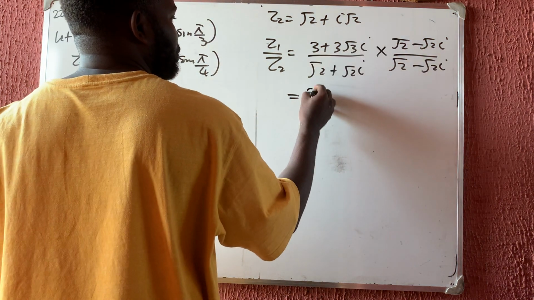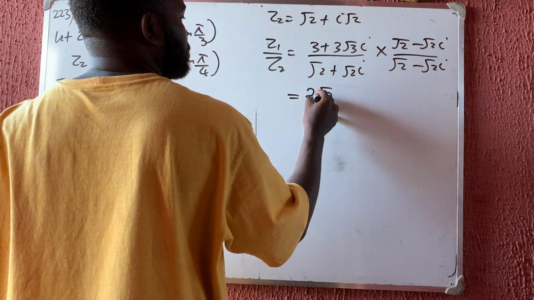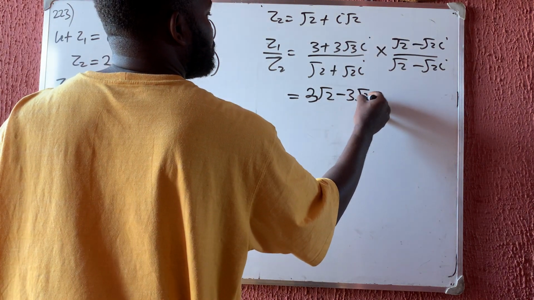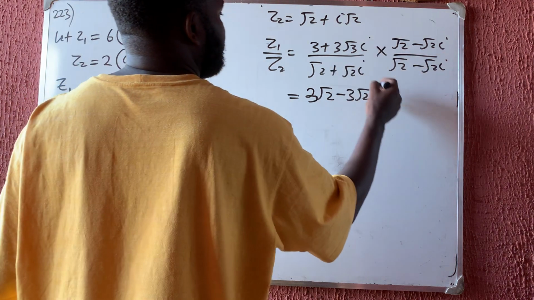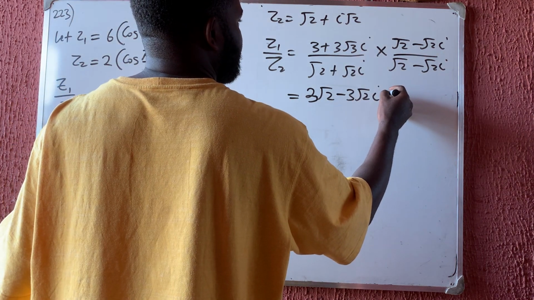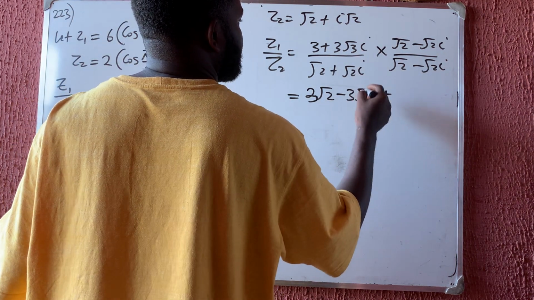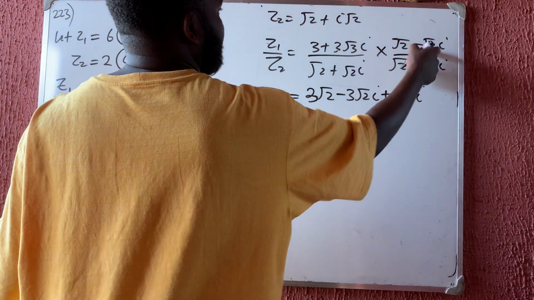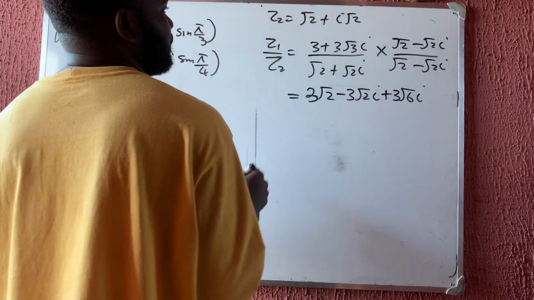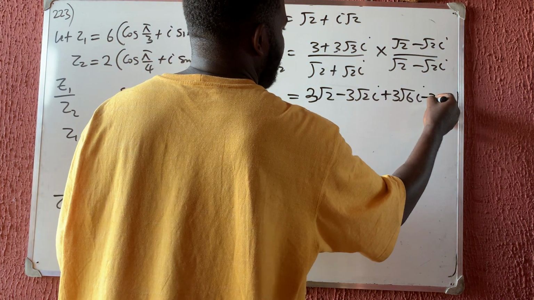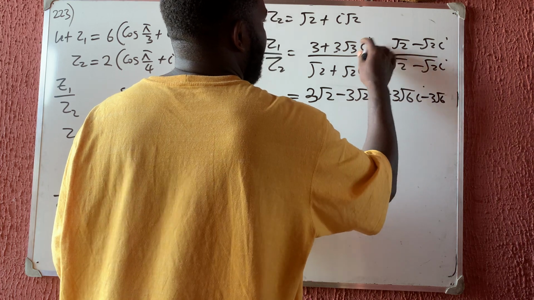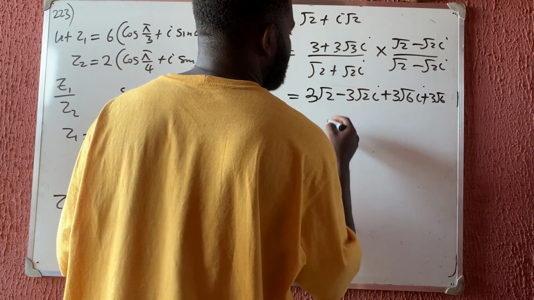This time this will give you 3 root 2. This time this will give you minus 3 root 2 i. This time this will give you plus 3 root 6 i. This time this will give you 3 times this is minus 3, root this times root this is root 6, i times i is minus 1, which will make this place plus.